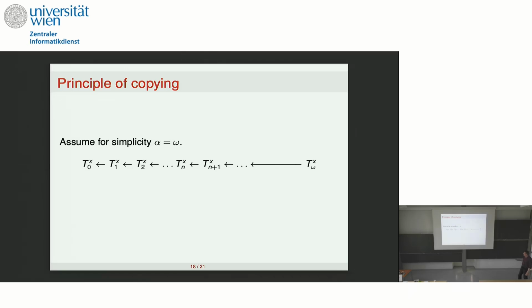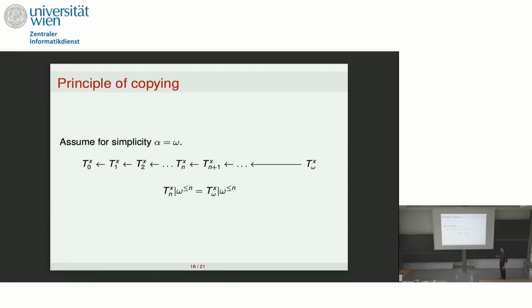So instead of a general ordinal, here we have just omega, and these intermediate trees are indexed by natural numbers, and this principle is very simple.